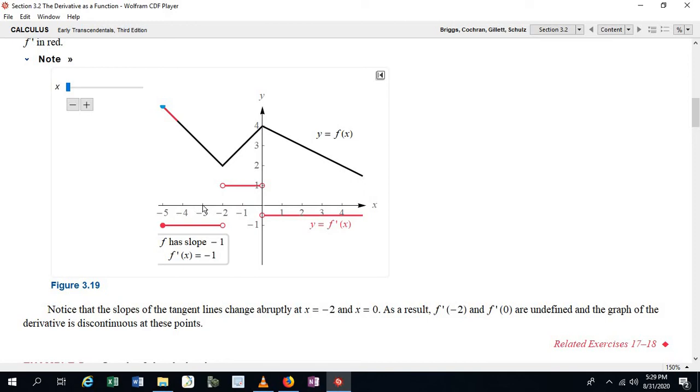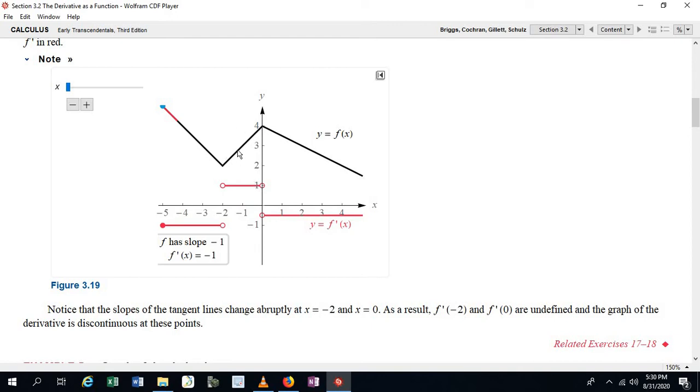Say you draw a secant line between -3 and -2. The secant line on this side has a slope of -1. In fact, every secant line on this side has a slope of -1. So as you approach -2, all the secant lines have slopes of -1, and so they're approaching the tangent line. Apparently the tangent line on this side has a slope of -1.